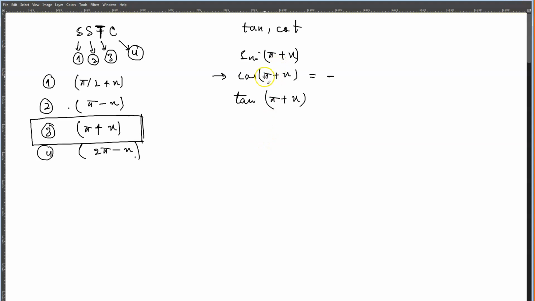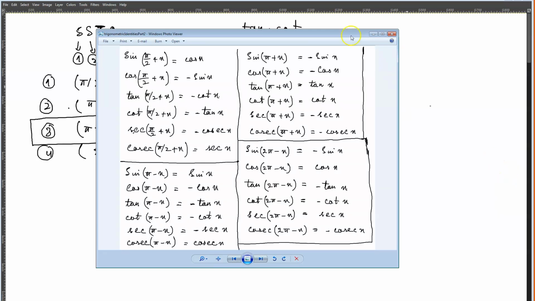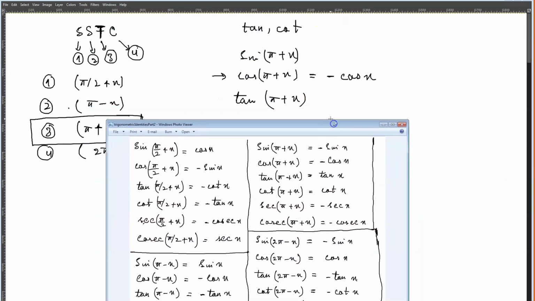And of course, since I'm not working with pi by 2, this is not going to change. So I'll get the same trigonometric ratio and sign over here. And that gives me exactly the trigonometric ratio that we were looking for. Cos of pi plus x is equal to negative cos x, as you can see here.